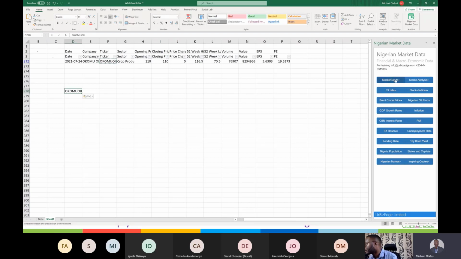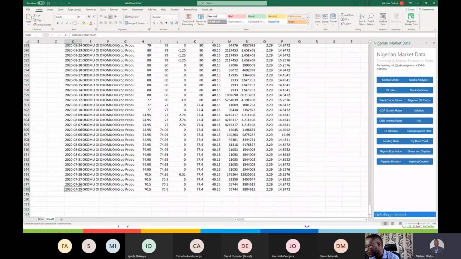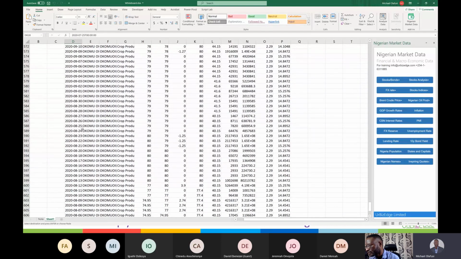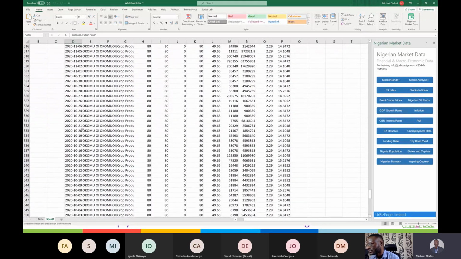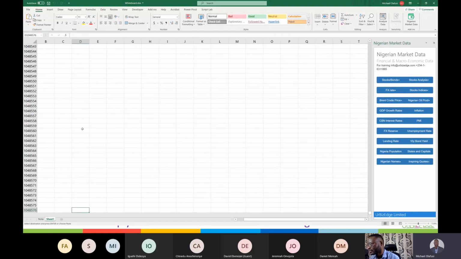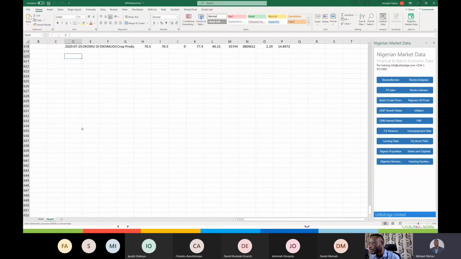If I put it here and go to my stock app and say, get me the price of Okomu as far back as, I don't know, 1 year is enough anyway. So I think I've set it to 1 year. Good. So once I get this, then I need to do the ASI, or All-Share Index.